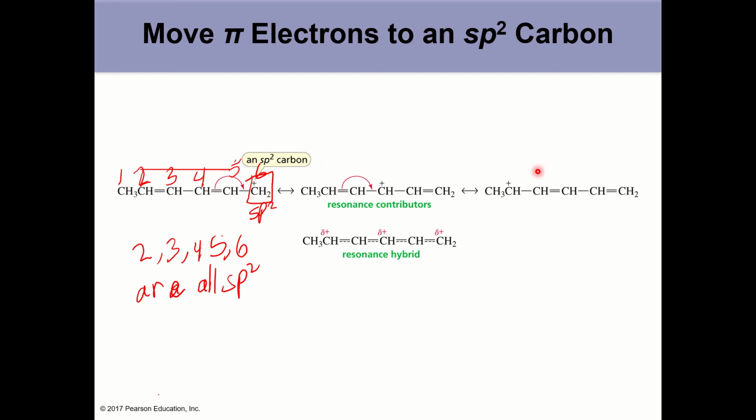So in all, we can draw at least 3 resonance structures for the pi electron movement of these molecules. And the hybrid structure has the partial positive charge and the pi electrons equally distributed between all adjacent sp2 carbons.